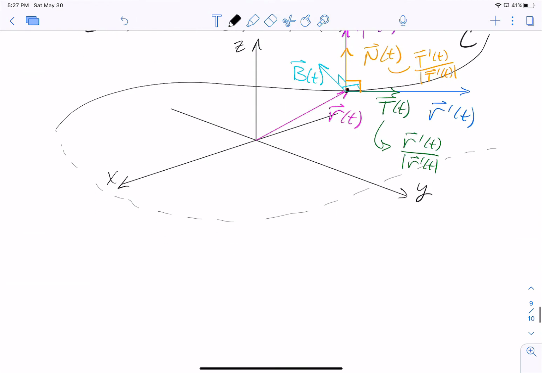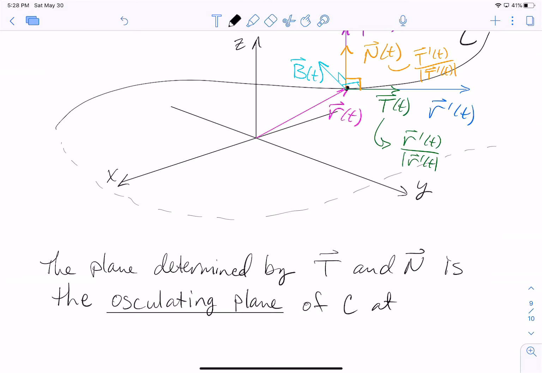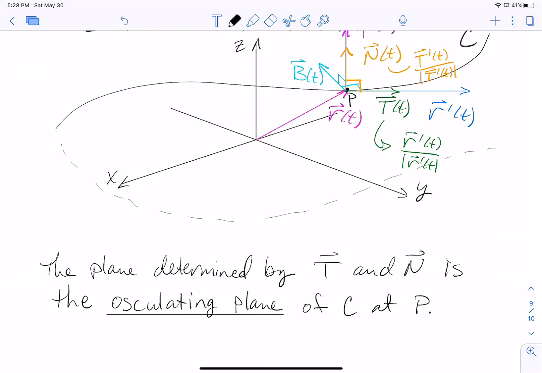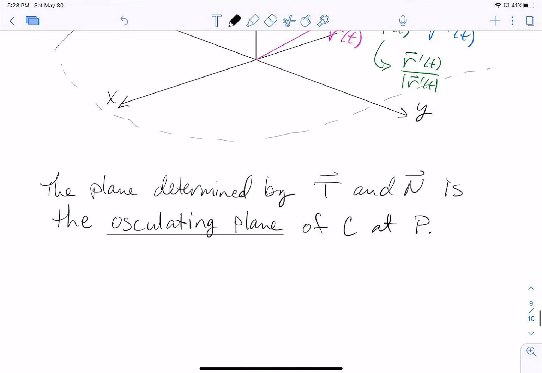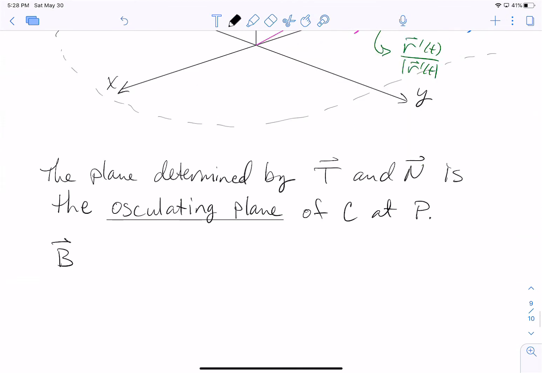Well, let's see. The plane determined by T and N is called the osculating plane of C at a point P, that point being the point of everything that we've been talking about here. It contains the vectors T and N, and so it actually has a direction vector that is B. So B is the direction vector of the osculating plane.